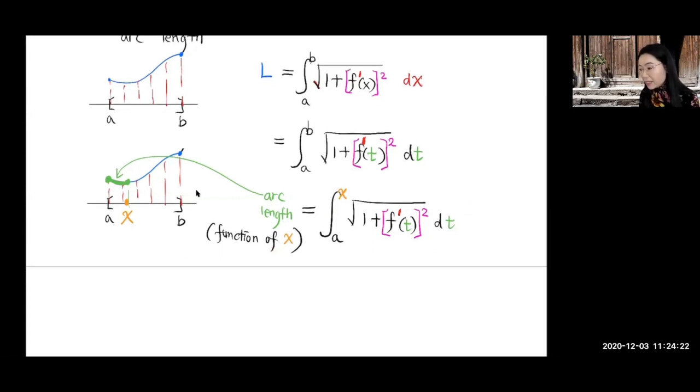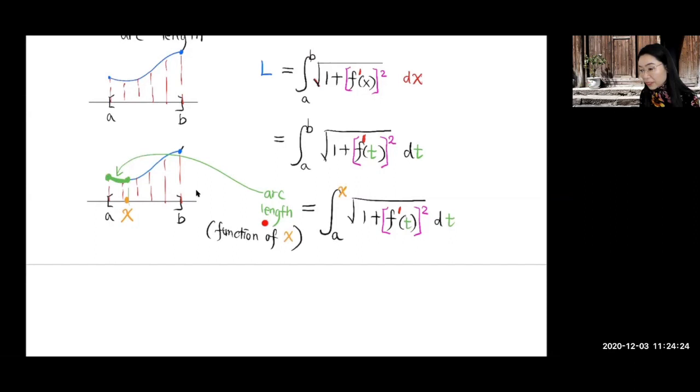Now let's give a name to this function. Usually they use s, so let's call this s, the arc length function, and it's a function of x, so it's s of x.